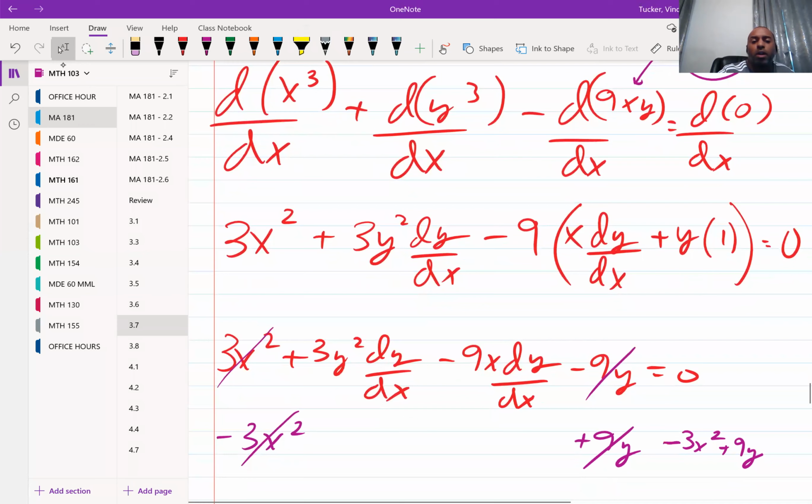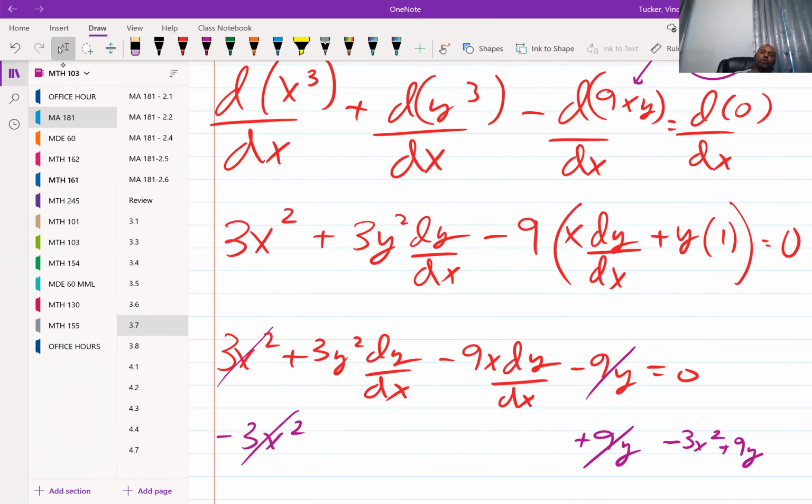So now our goal is to get all of our terms with dy/dx to one side of the equation, each one of our terms without dy/dx to the other side. So since we had that other side that has 0 to it, I'm going to subtract 3x squared and add 9y to both sides so that they will cancel out on the left and just be on the right.